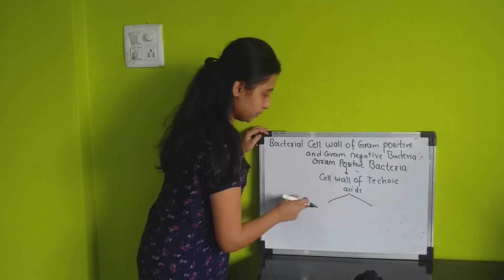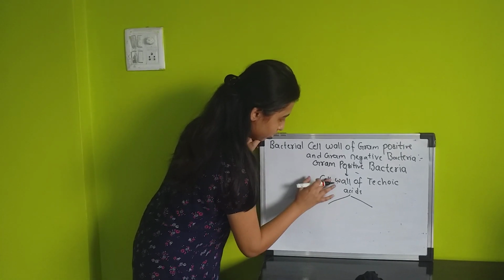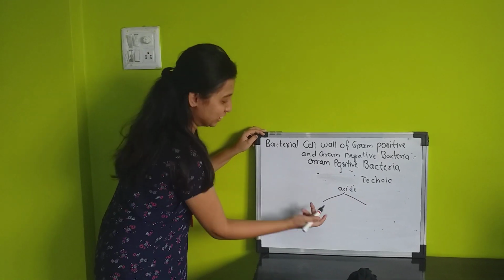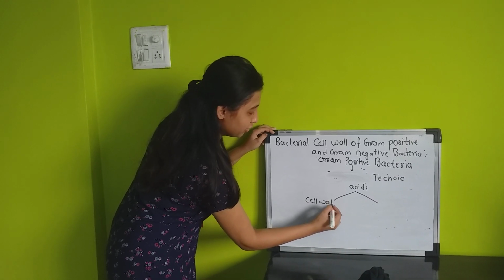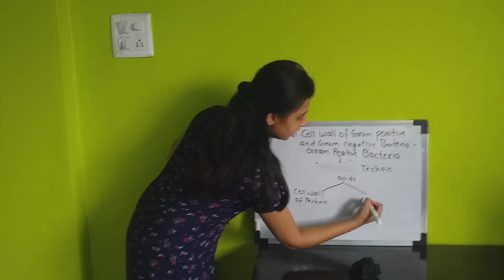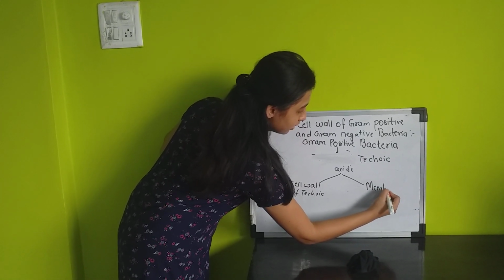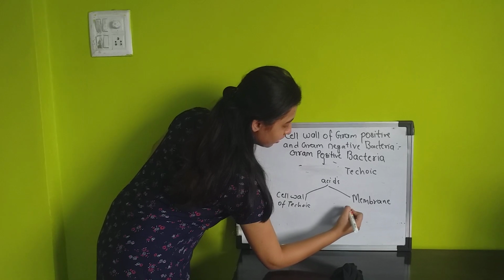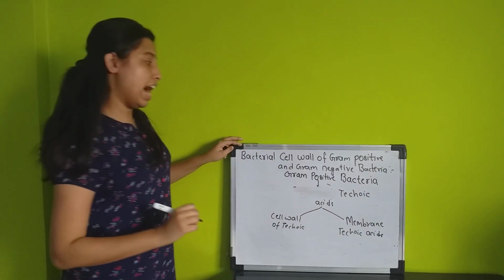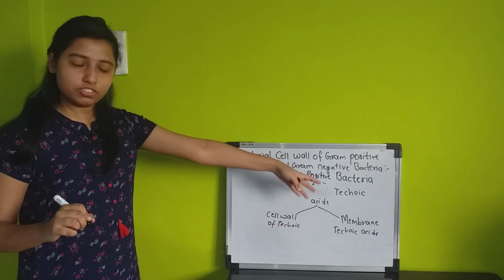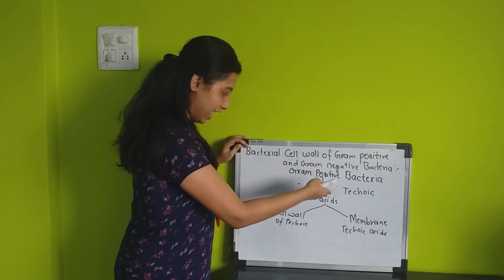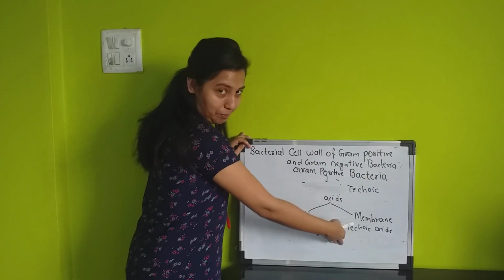One is cell wall teichoic acids, and the second one is membrane teichoic acids. There are two types of teichoic acids: cell wall teichoic acids and membrane teichoic acids.